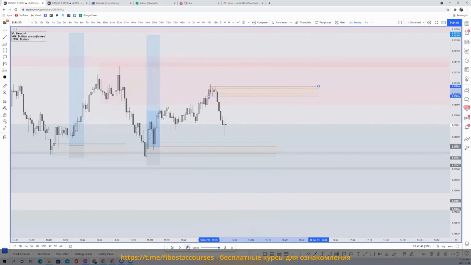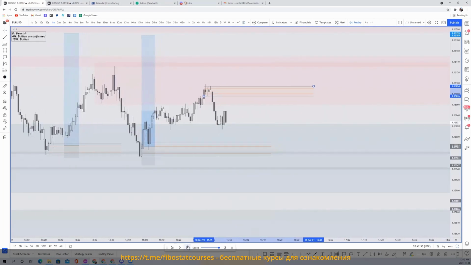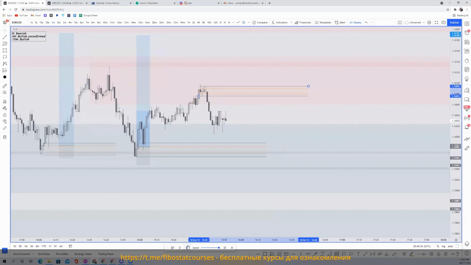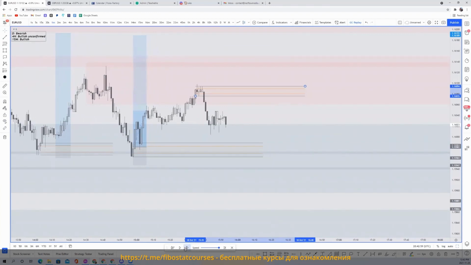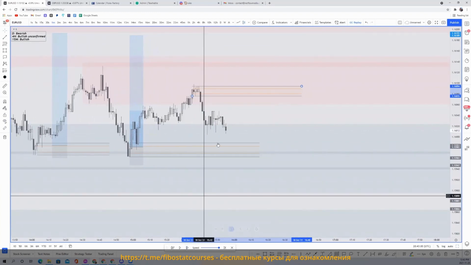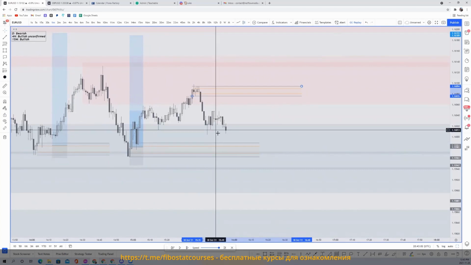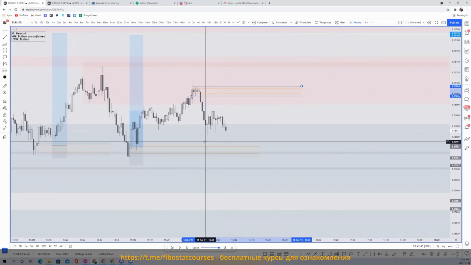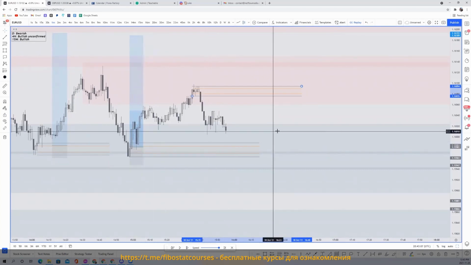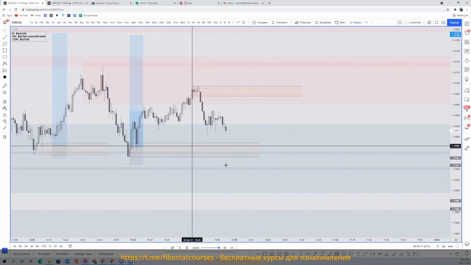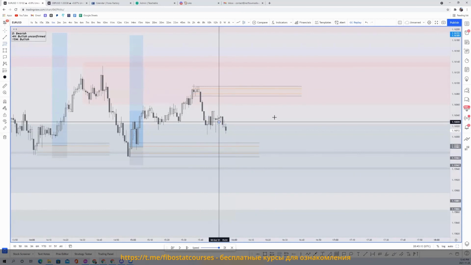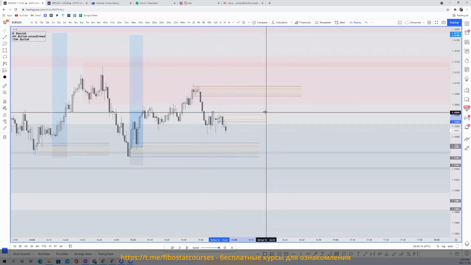And depending what it does here, so let's see. So we did just disrespect this demand zone. This is totally up to you. I probably wouldn't get in a sell just because we're in a demand now, but this would be a valid sell.